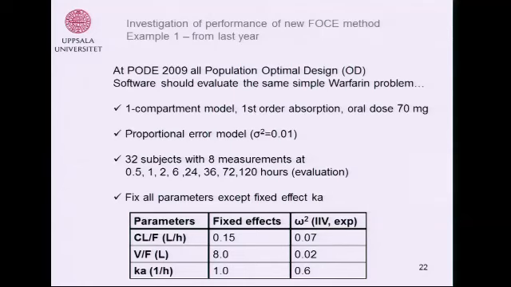So we fixed all other parameters except that, just to make the problem very simple. So we say that all the other parameters are non-estimated constants, basically, even the variance parameters.